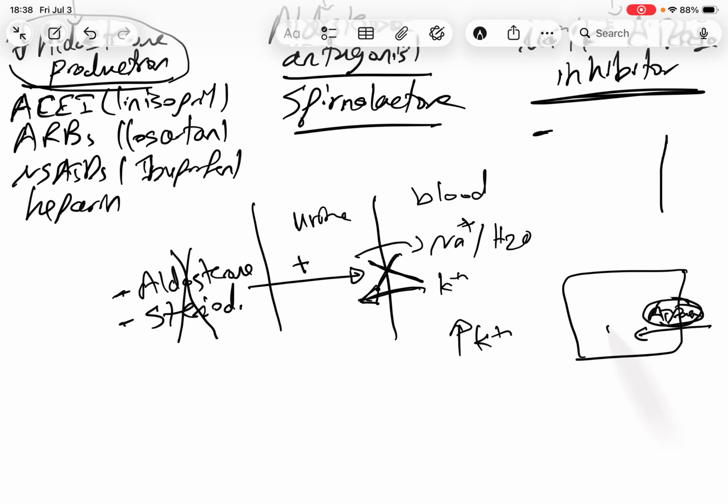So this is sodium potassium ATPase. So how this channel works, it uses one ATP to get one potassium inside and one sodium outside.